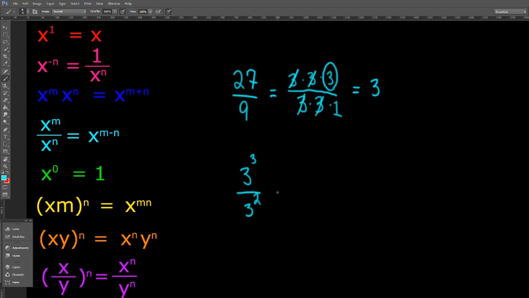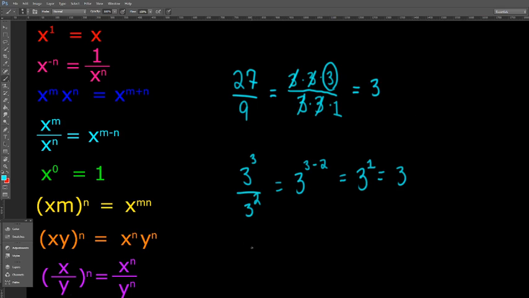So 3 to the third power minus the second power, there we go, equals 3 to the first power. And as we saw in our first rule, when this is a 1 here, that is equal to 3.